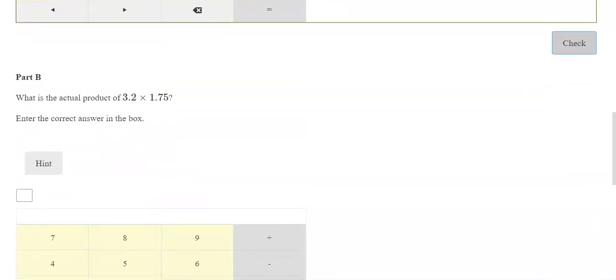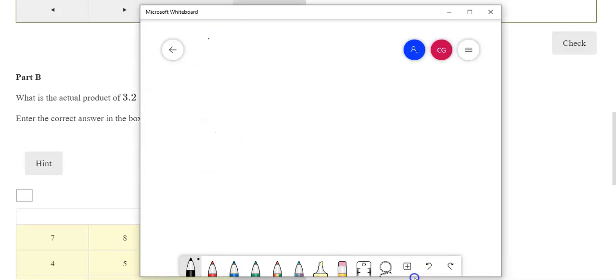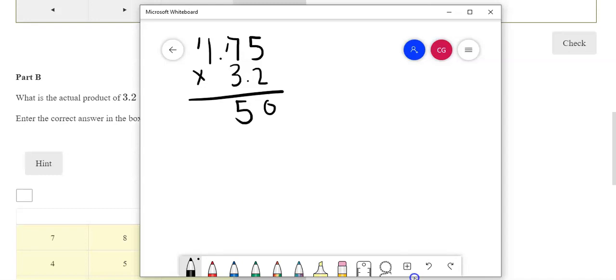Part B, now we're actually going to multiply. I'm going to put the 1.75 on top because it is the longer number, and that makes it easier for most of us to multiply. 5 times 2 is 10. 14, 15. 2, 3.